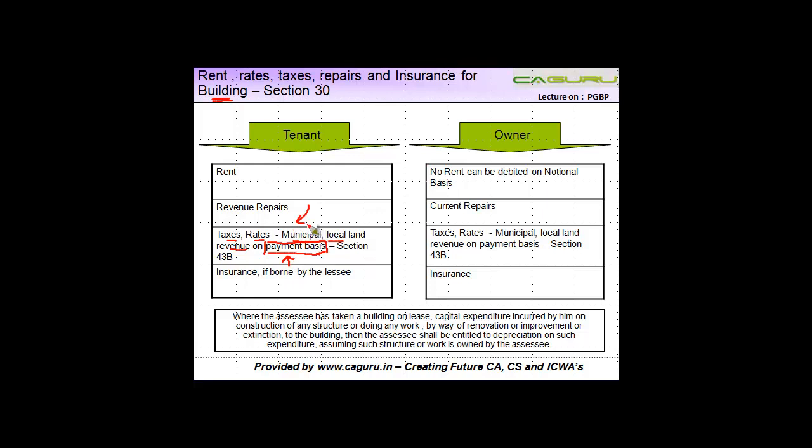What this means is that let's say you had incurred some taxes. There are some taxes due from you to the government, right? But you did not pay them. Then in that case, there's something called section 43B, which is very crucial, important, which triggers in, and in that case, these expenses are not allowed as a deduction unless and until these are paid, right? We'll see more about it in the slide which deals with section 43B.